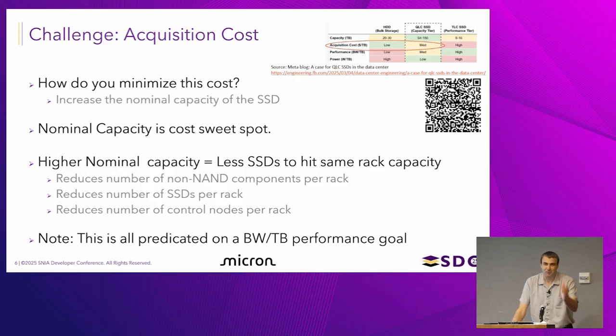Sorry, Curry, I'm quoting you from earlier on that. Really it came down to how do you reduce the number of non-NAND components per rack? How do you reduce the number of SSDs per rack? How do you reduce the number of control nodes per rack? And other components in between. So this is all predicated on the goal of bandwidth per terabyte.